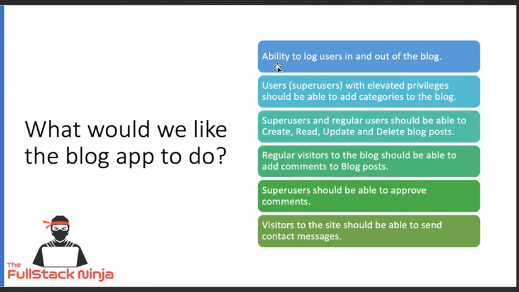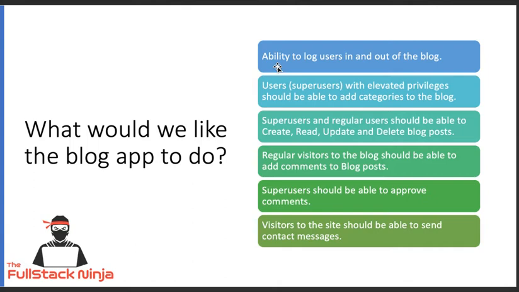Before you build any application, you want to ask yourself, what do you want to achieve with this application? What is it going to be able to do? First and foremost, we want the ability to log users in and out of the blog. We want super users with elevated privileges to be able to add categories to the blog. So let's say it's a blog where people can come in and register.